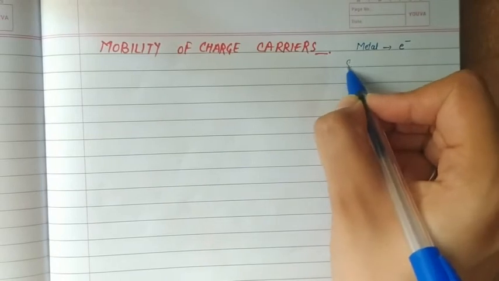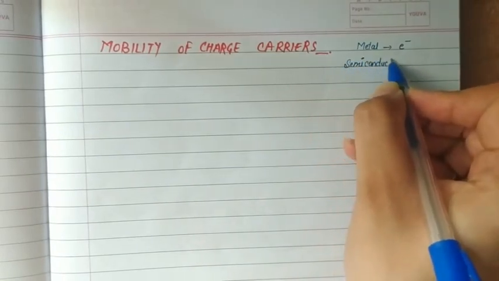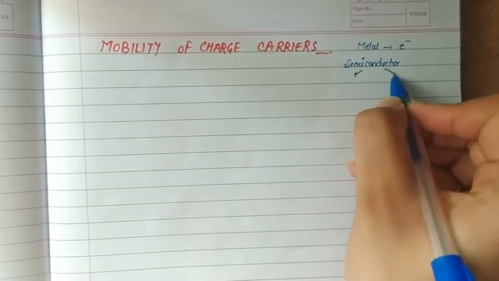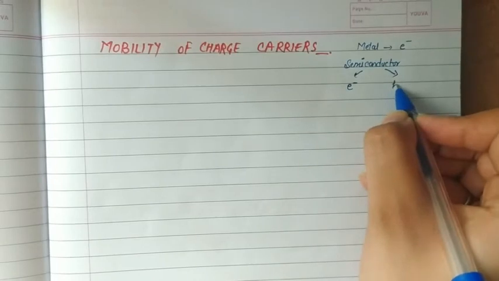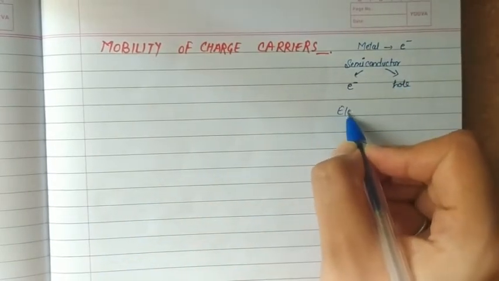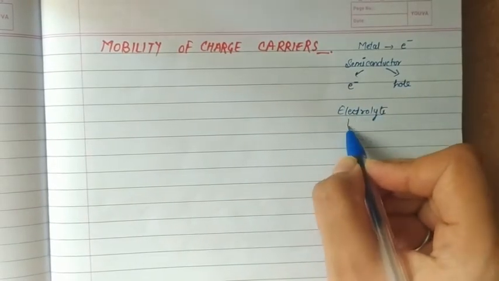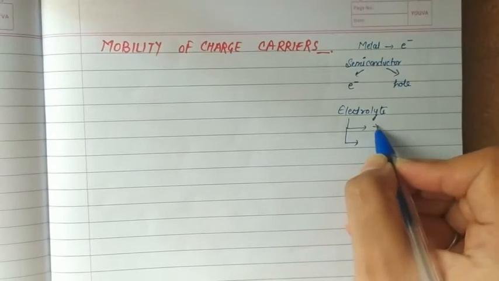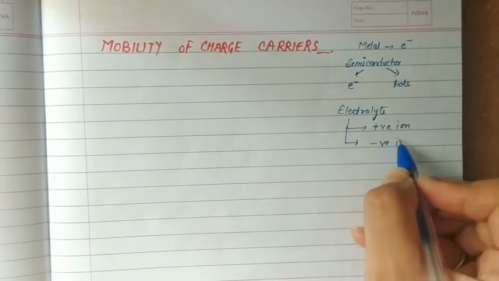If the material is a semiconductor, then the charge carrier will either be an electron or a hole. While if it is an electrolytic solution or an electrolyte, then it can be a positive ion or a negative ion.